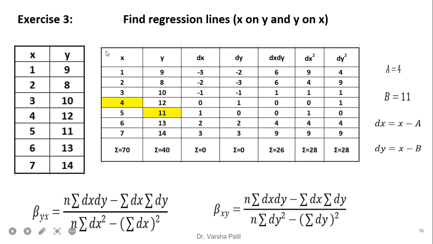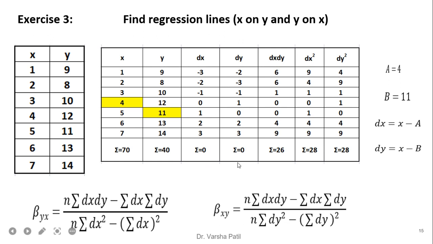Now we are not doing the operation on x and y, but on dx and dy. So here a is 4, b is 11. For dx we subtract a from each value of x, and b from each value of y, respectively. So 1 minus 4, 2 minus 4, 3 minus 4, 4 minus 4. In this way we make dx, and from y we subtract 11 and get this.